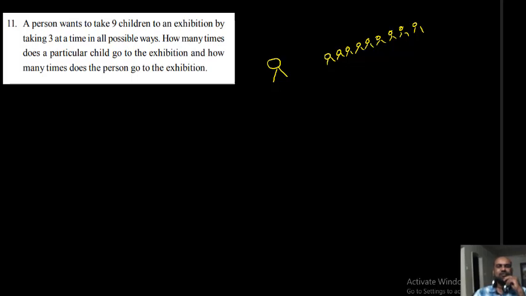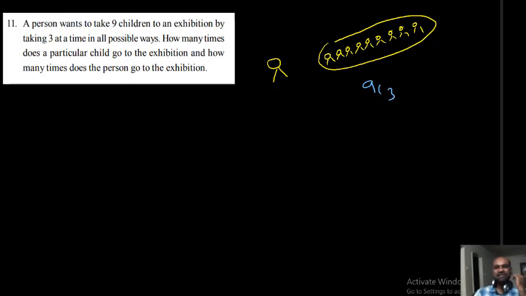What is the meaning of that? We want to select 3 from these 9. How many ways can you select? 9C3 ways you can select. In 9C3 ways you can make a group of 3 members. So this person can take 3 children to the exhibition in 9C3 ways.